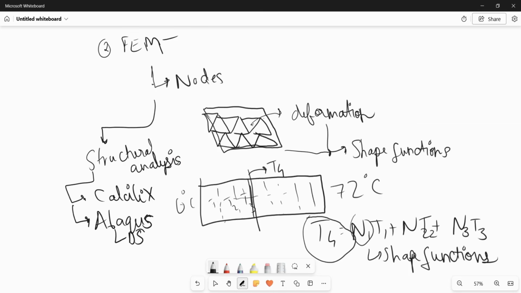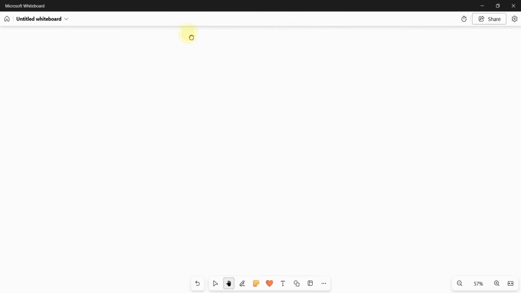Now we'll check on FVM. That is the most important for us from the CFD point of view. FVM is the most commonly used method for CFD. So FVM, that is finite volume method. The V here stands for volume.